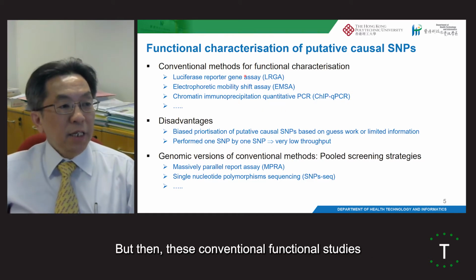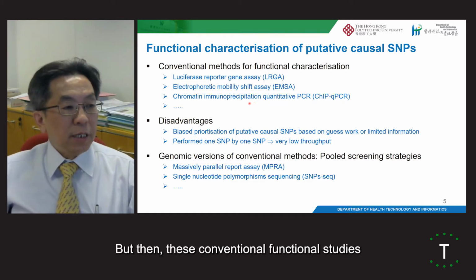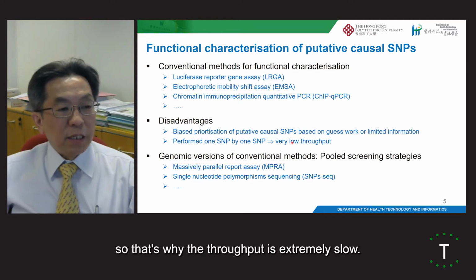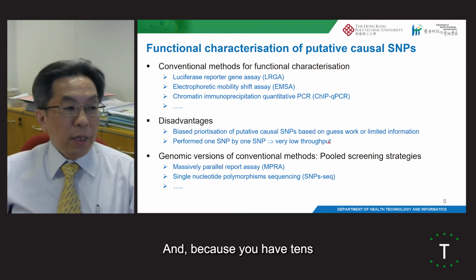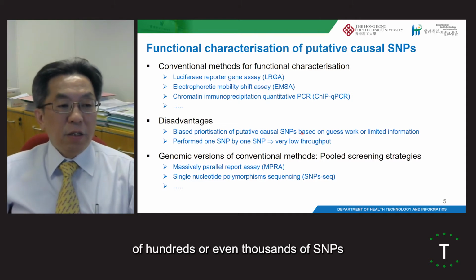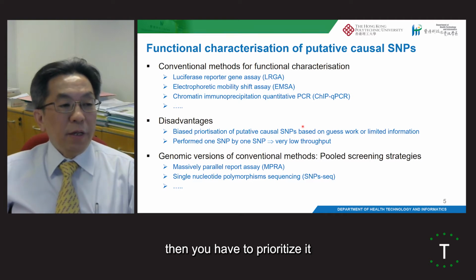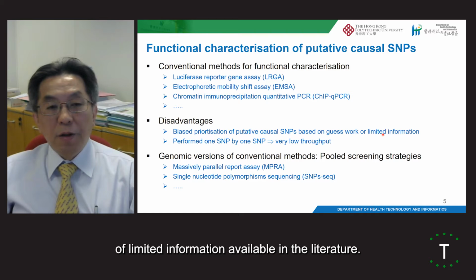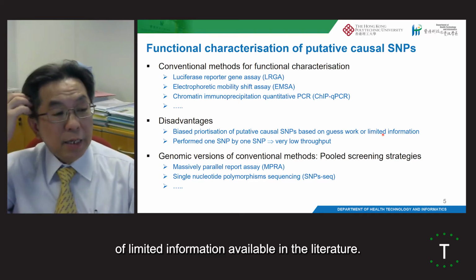But these conventional functional studies are done one by one, so the throughput is extremely slow. Because you have tens, hundreds, or even thousands to follow up, in order to prioritize the work, you have to prioritize through guesswork or through the use of limited information available in the literature.